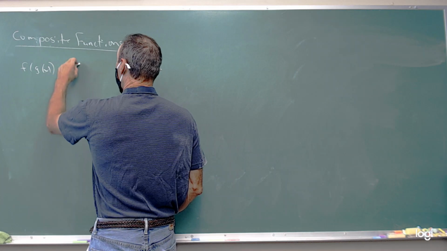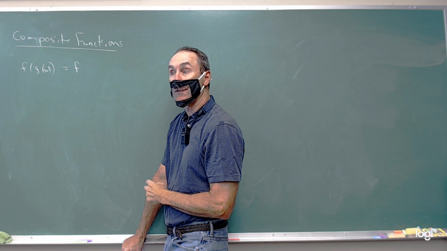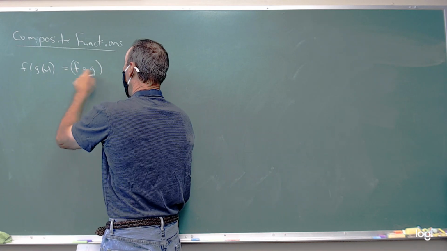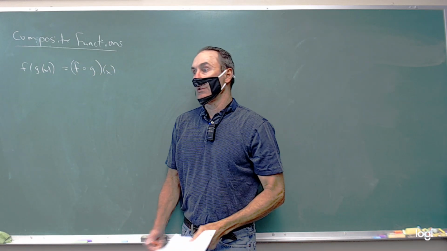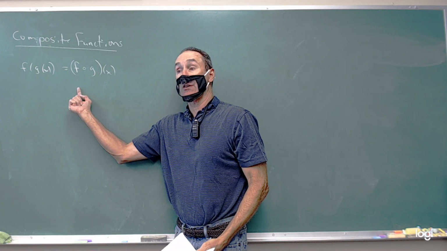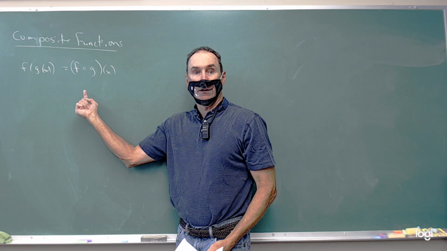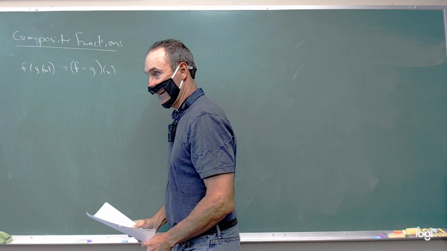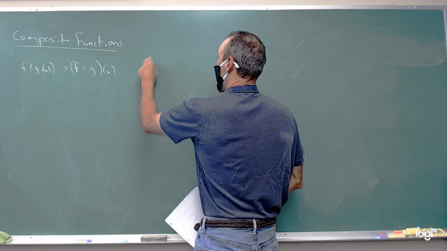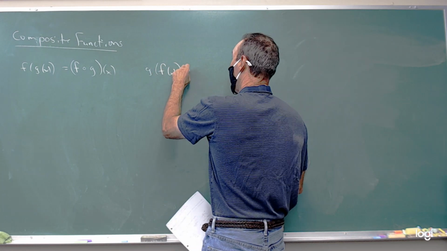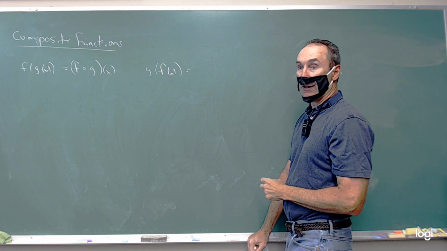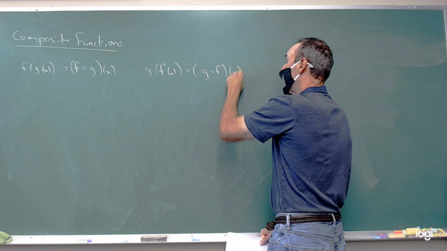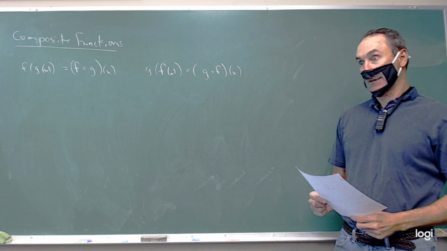This can also be written as f with this kind of funny little open circle g of x, which a lot of Mr. Hogshead students like to call fog of x. Of course, we know better, that's f composed with g of x. Okay. And then also g of f of x, which a lot of Mr. Hogshead students refer to as goth of x.